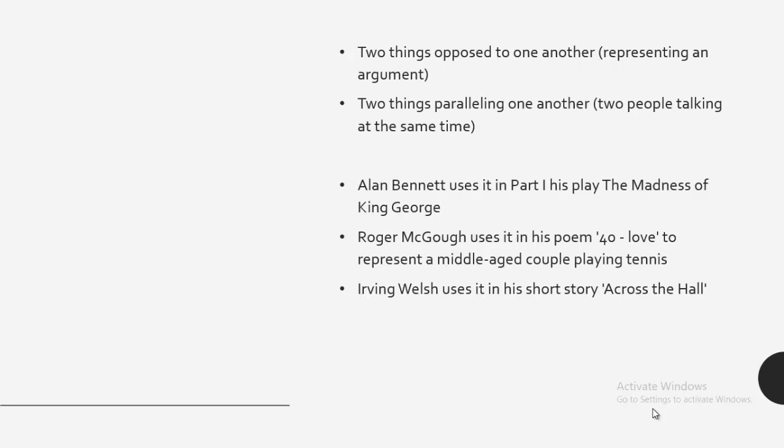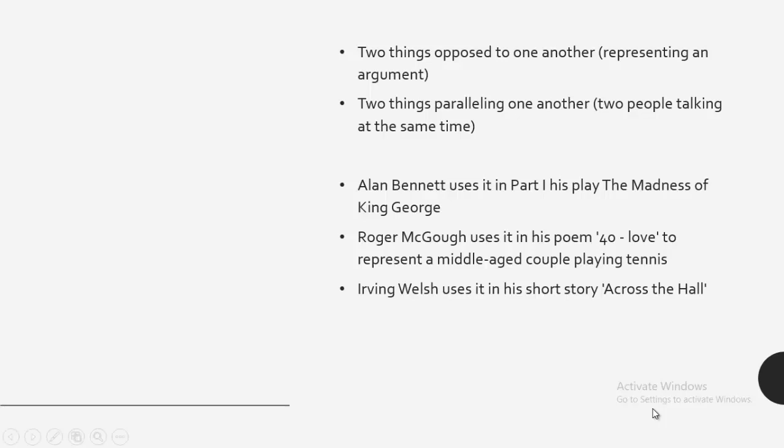So again, it is presenting the situation of playing tennis. The column shape is not only representing the situation of playing tennis, but also representing that the two people are separated from each other, and they might be talking at the same time as well.